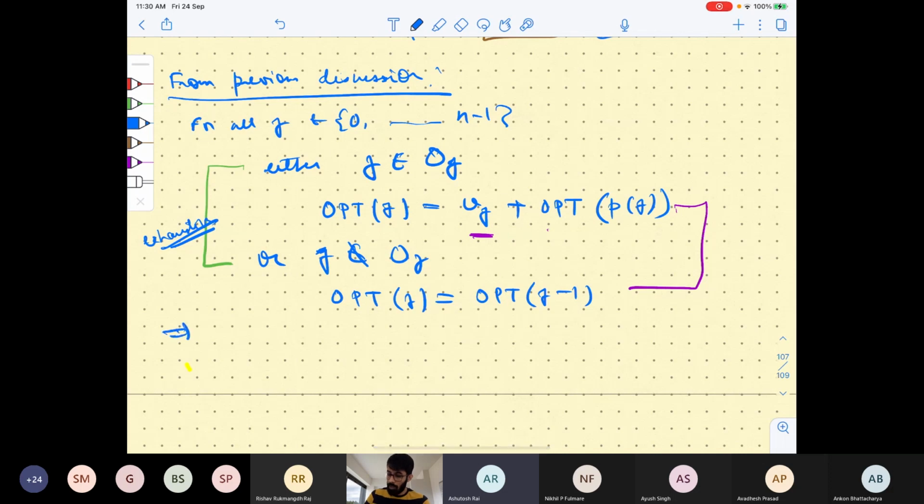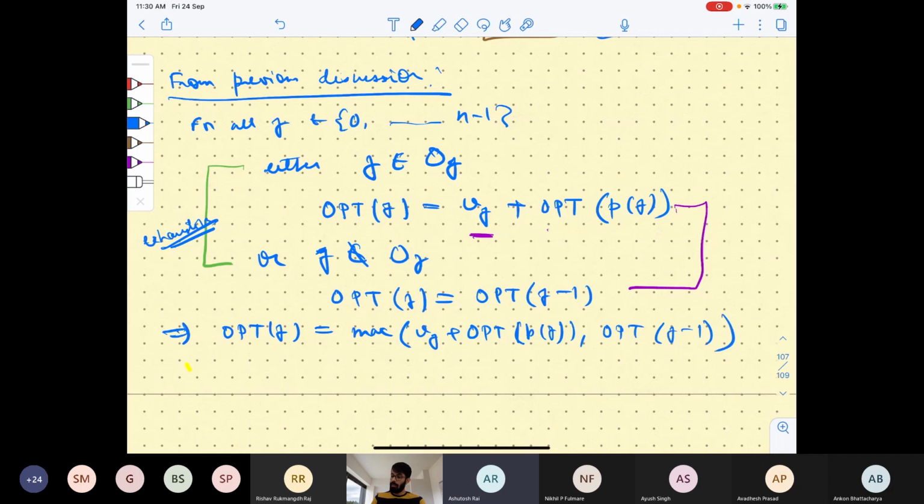This implies that opt of j is actually the max of these two quantities: vj plus opt of pj, comma, opt of j minus 1, right? Good.